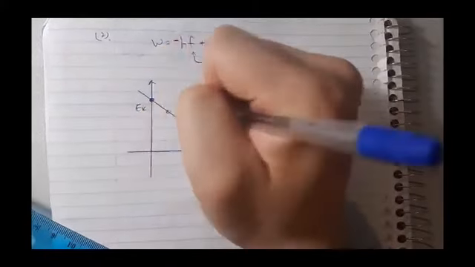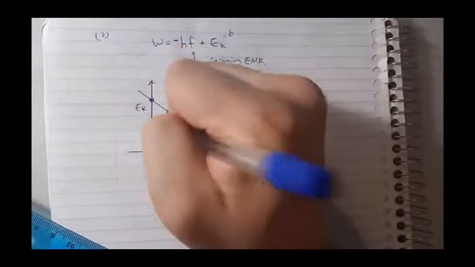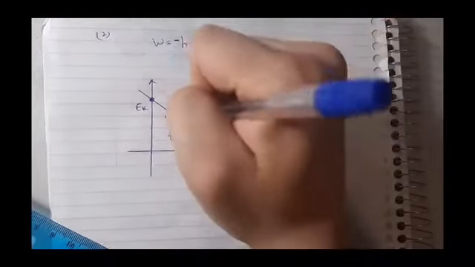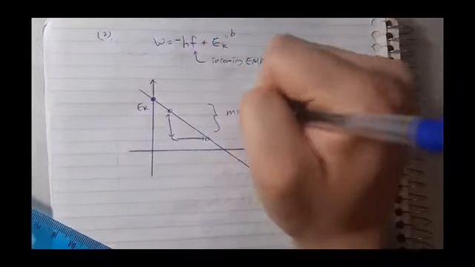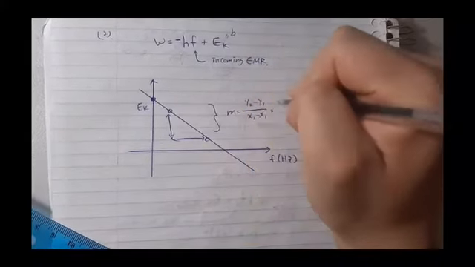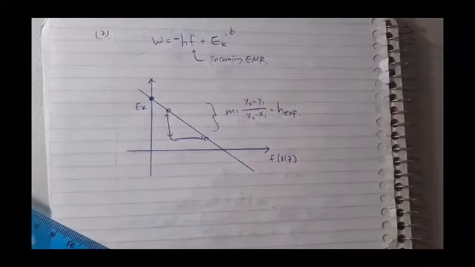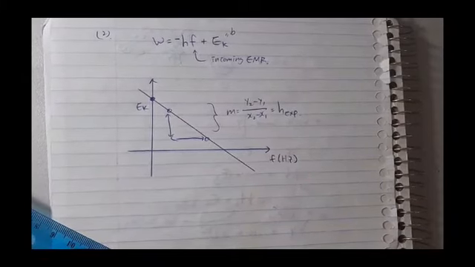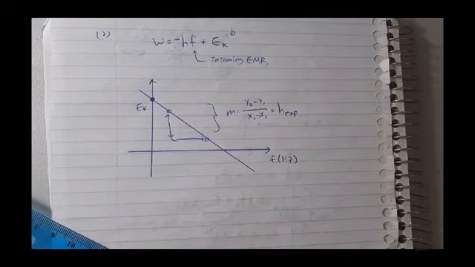Then you will know that whatever the points over here, the difference between should be my experimental h. That's another way. As you may notice, my b value is quite evident.